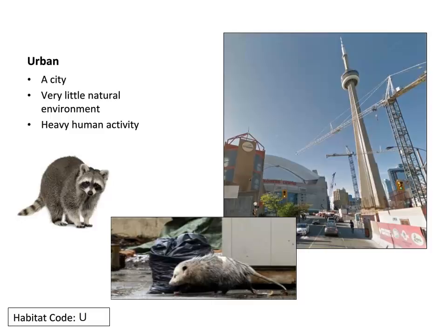We included an urban setting as a type of habitat because there's a lot of animals that you can find in the city. Even though there's little natural environment, a lot of animals have learned to adapt to heavy human activity. So in places like Toronto, you can still find a variety of wildlife.